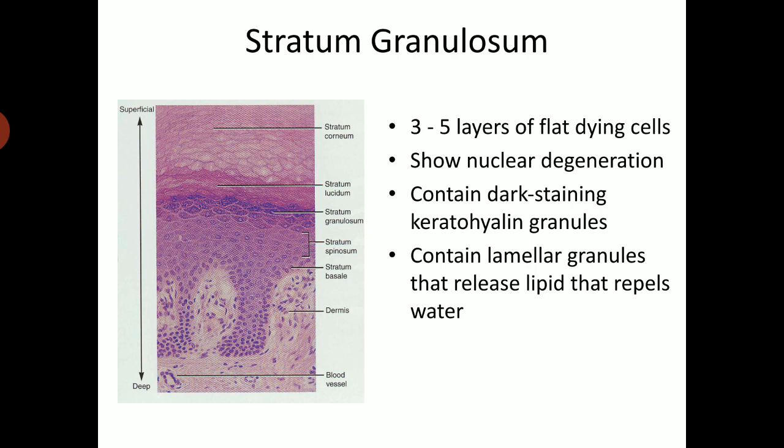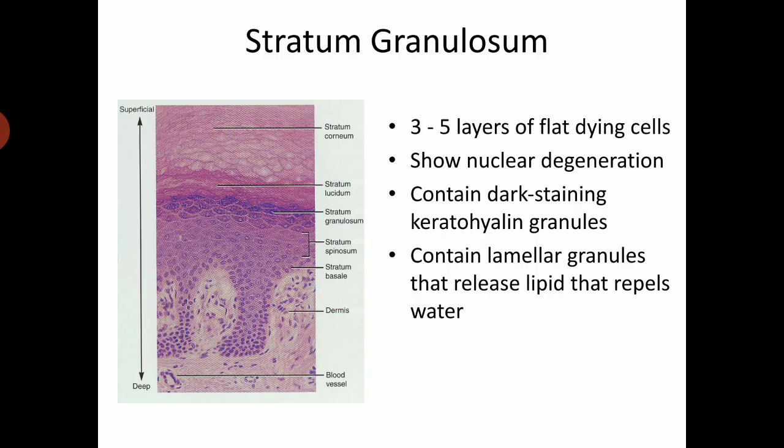The cells become flatter, their cell membranes thicken, and they generate a large amount of keratin, which is fibrous, and keratohyalin, which accumulates as lamellar granules within the cells. These two proteins make up the bulk of the keratinocyte mass in the stratum granulosum and give the layer its grainy appearance.